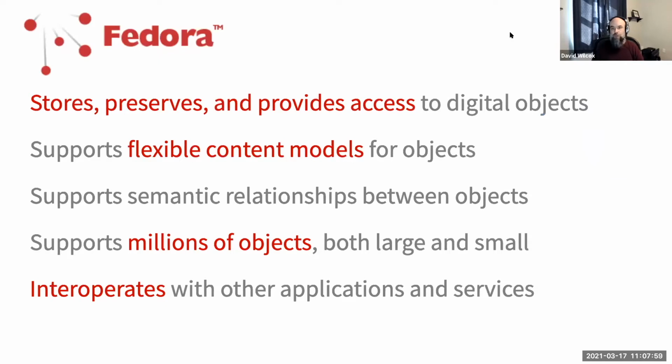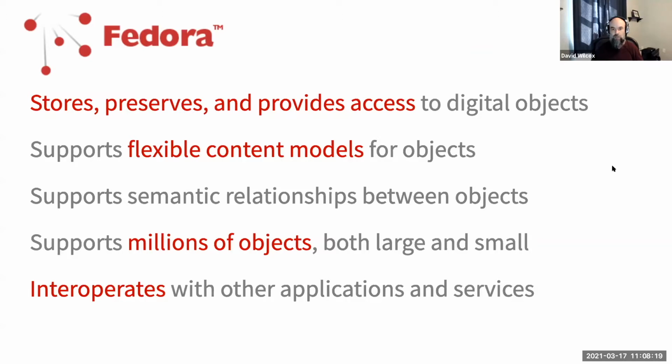So if you're new to Fedora, this is just a high-level description of what the software does, what it provides. Basically, Fedora is open source repository software, stores, preserves, and provides access to digital objects, and also supports flexible content models for those objects.